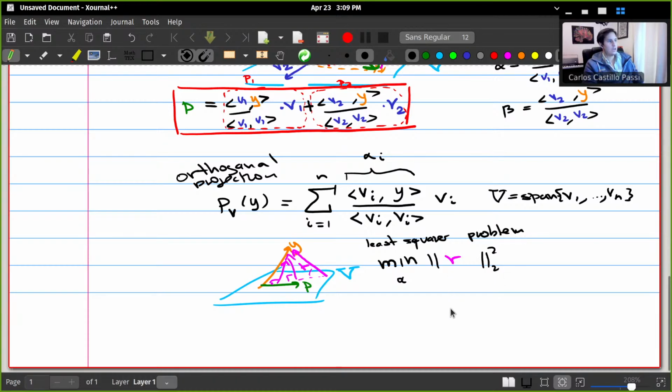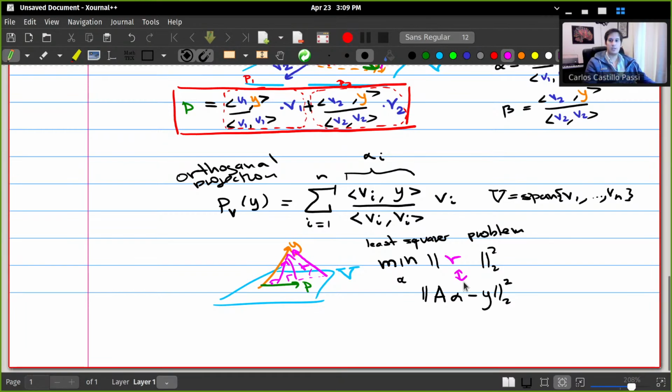Why? Because this R can be written as the thing that is lacking from the subspace, but we can write that as a matrix A that in each column has a vector V, times these coefficients alpha, minus y. Probably this is more familiar, but they are exactly the same.